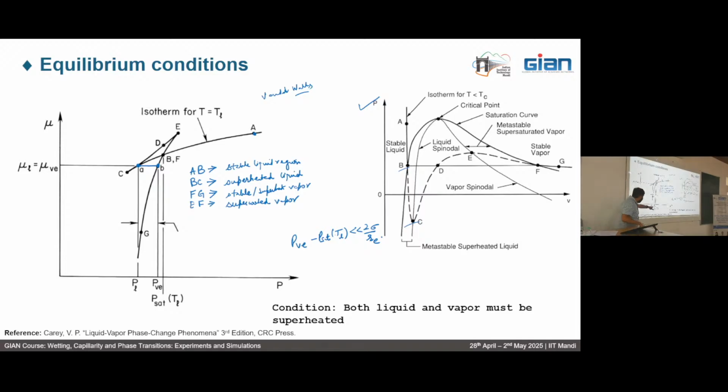Here P_VE is the pressure of vapor, P saturation is the saturation pressure at temperature T_L, and P_L is the pressure of the superheated liquid. If you see just the magnitude, P_VE minus P_L, which I can write as 2 sigma by R_E, is much less than P_VE minus P saturation. So this assumption holds true there.